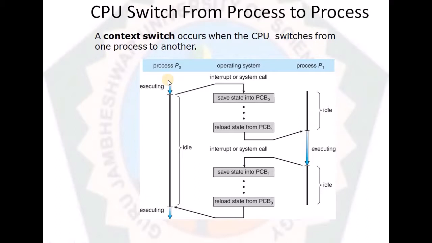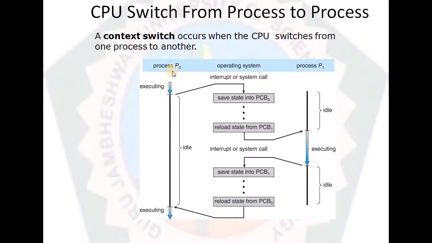If it is a single CPU, it can only execute one particular process at one time. If P1 is executing, at this time the second process will be idle. If the second process is executing, at that time the particular process P0 will be idle.